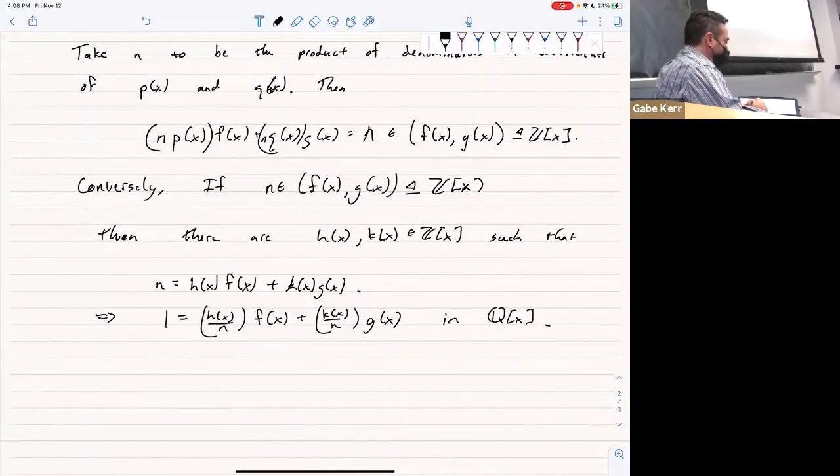What is the greatest common divisor? It's the element whose principal ideal is the sum of the two ideals. So one is in that sum. That means the whole ring is the sum of them.